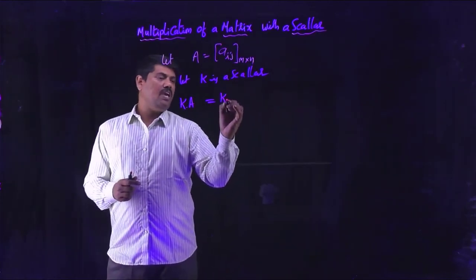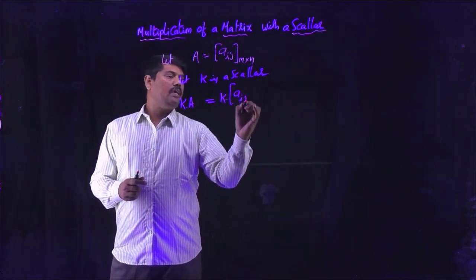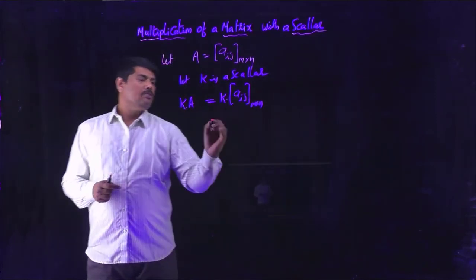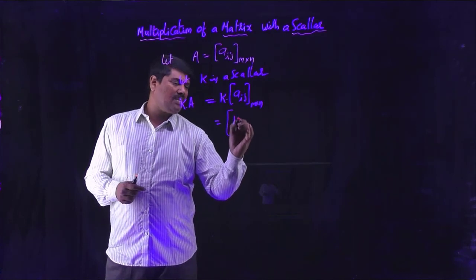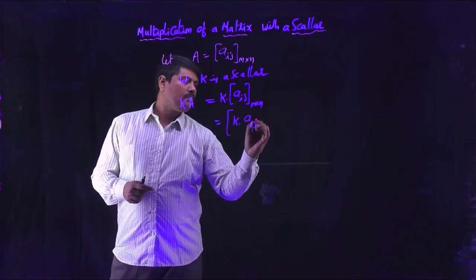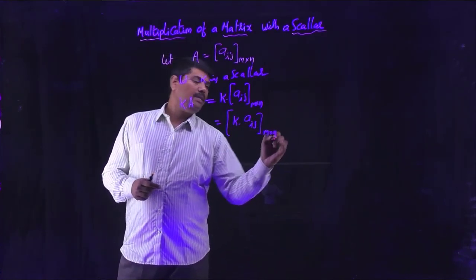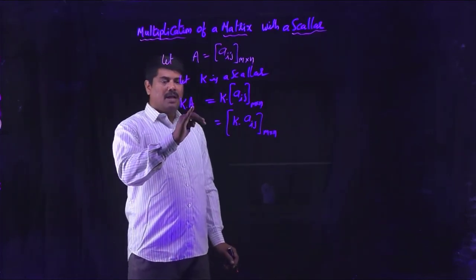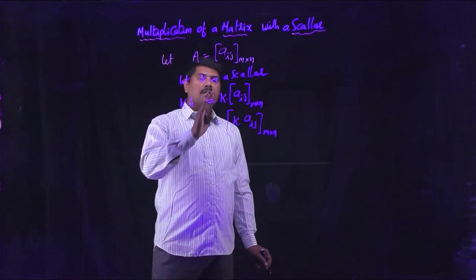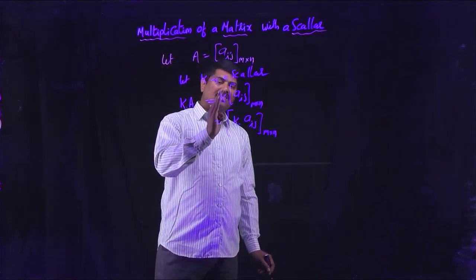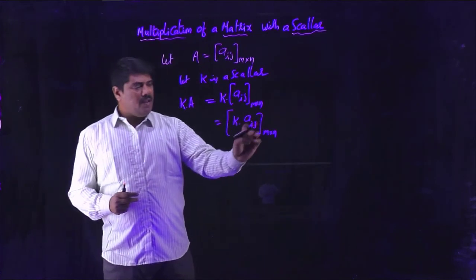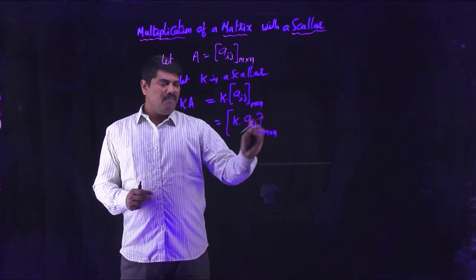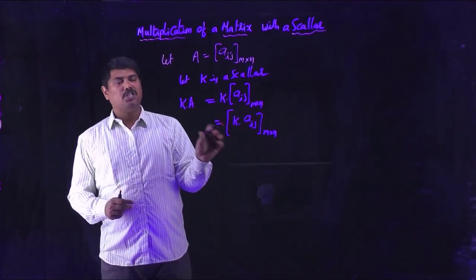That means K into Aij, m by n. So when multiplying a matrix with a scalar, you have to multiply that scalar with every element present in the matrix.